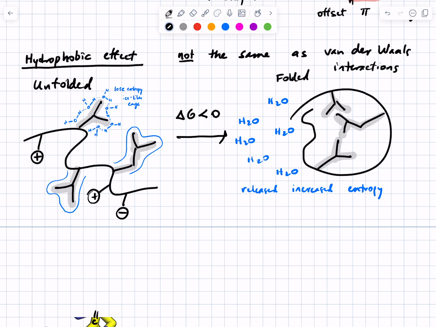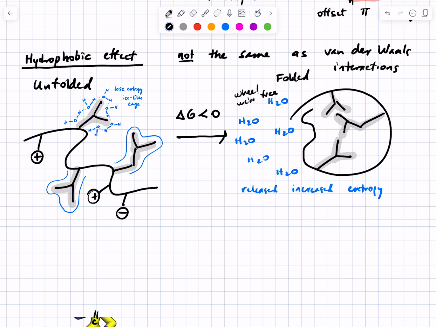Folding has a negative free energy, but in a lot of cases it's driven by entropy, because when the molecule's unfolded, the water that surrounds the protein loses quite a bit of entropy. When it folds, those water molecules are released and they're saying, we're free. And that is the origin of the hydrophobic effect.